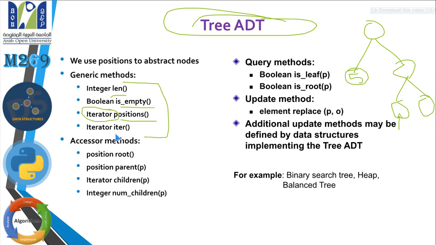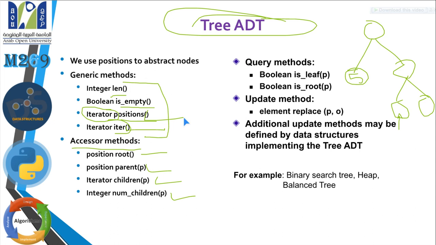And we have also the iter. And also the access methods, we have the root, parent, children, and number of children. These are for positions. Here iter is for iteration, positions for returning the positions.